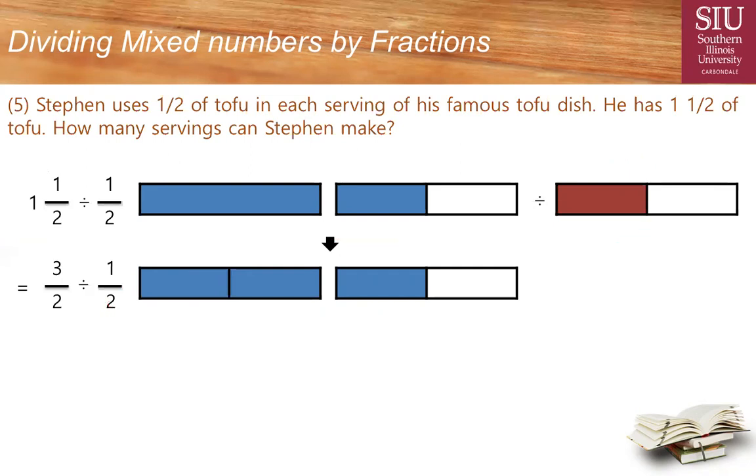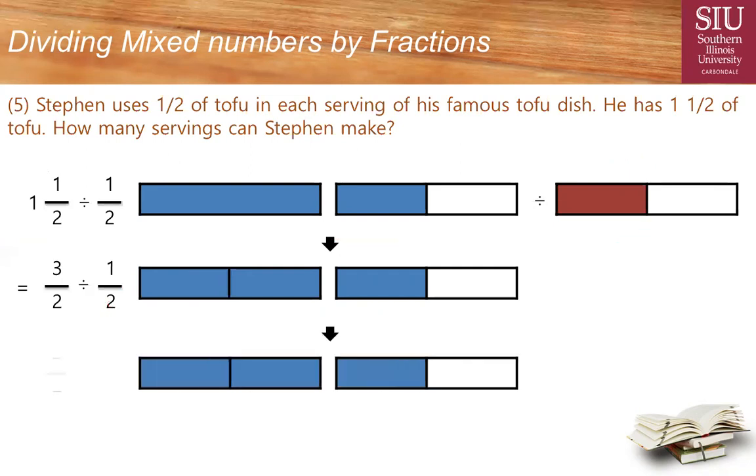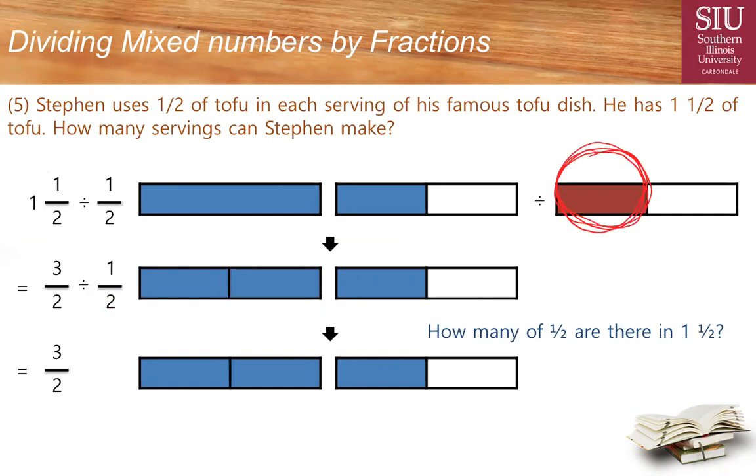Now, again, we want to find out how many of this array we can find in blue. We cut the same portion like this, then we can do the division. So how many 1/2 are there in 1 and 1/2?